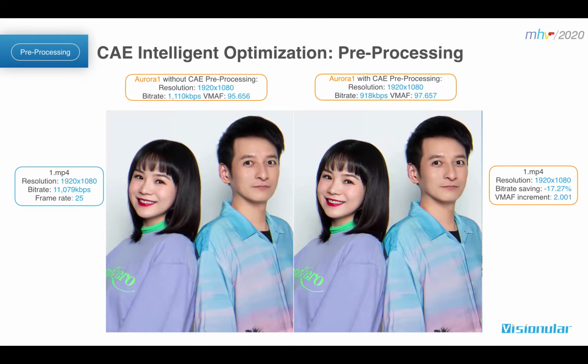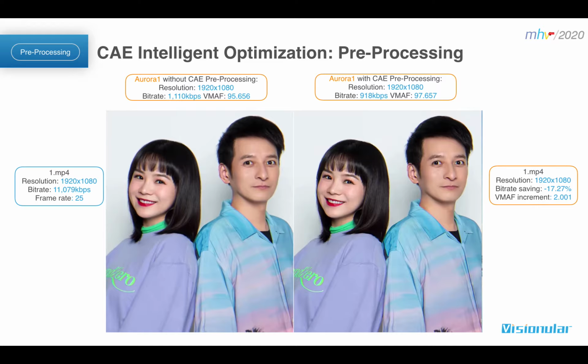Just judging by subjective quality, it can be seen that the right figure, as a result of the use of preprocessing, shows sharpening and a brighter and visually more pleasant scene compared to the left one.